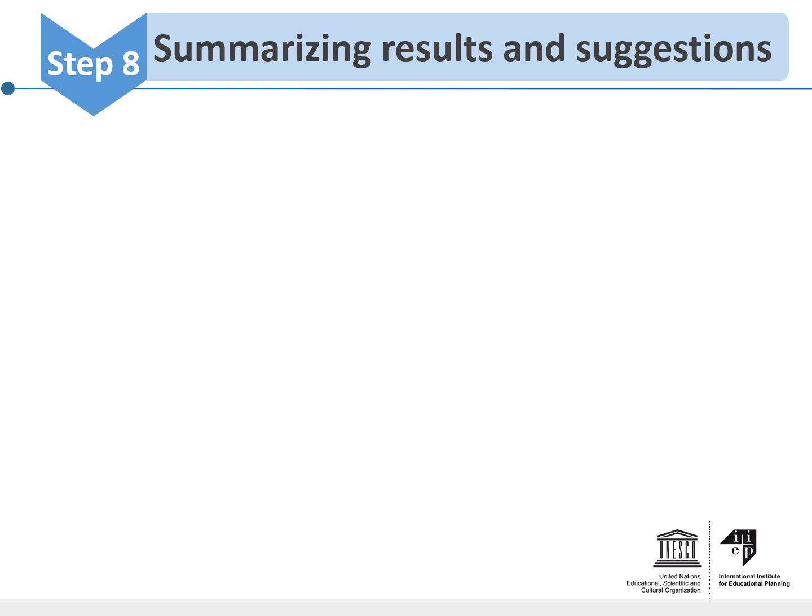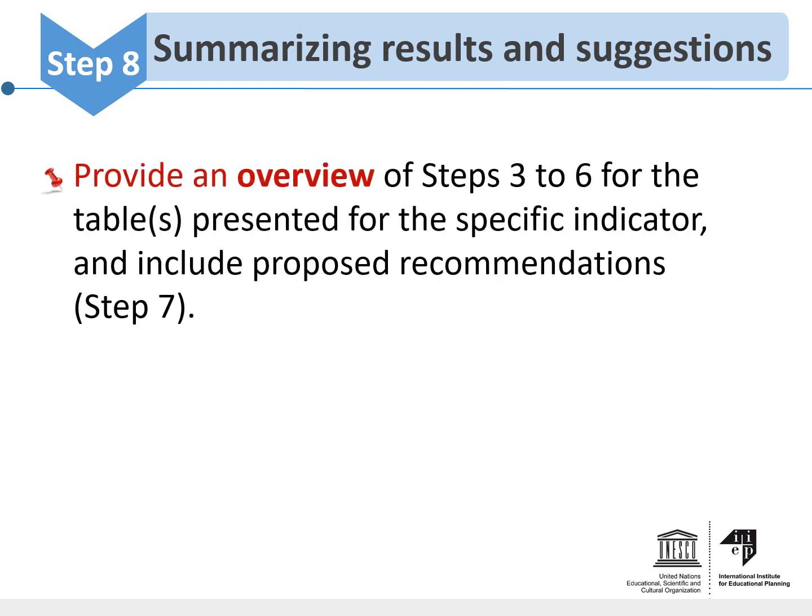Once the table for a particular indicator is examined, you should prepare a summary of 1 or 2 paragraphs in Step 8. This step should provide an overview of Step 3 to 6 for the table presented for the specific indicator and also include proposed recommendations in Step 7. In addition, the results for core indicators grouped into the same thematic area should be examined jointly and reported conjointly if relevant.